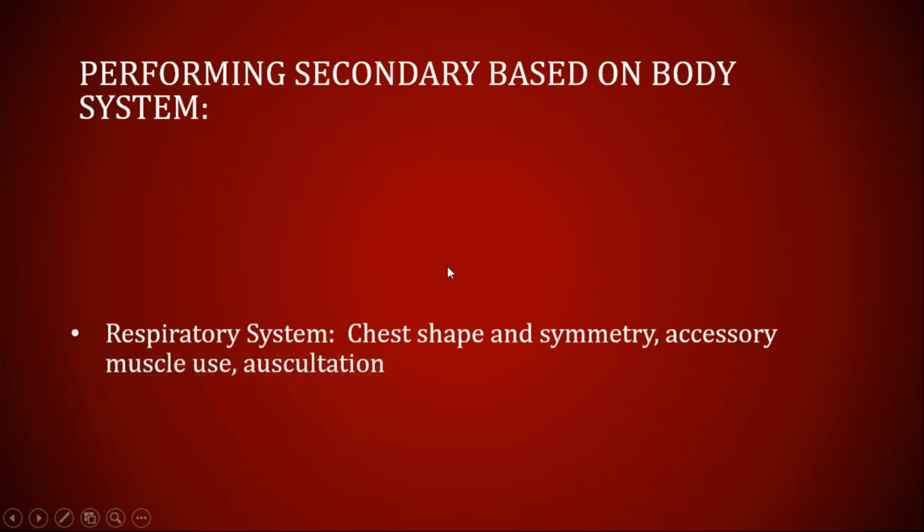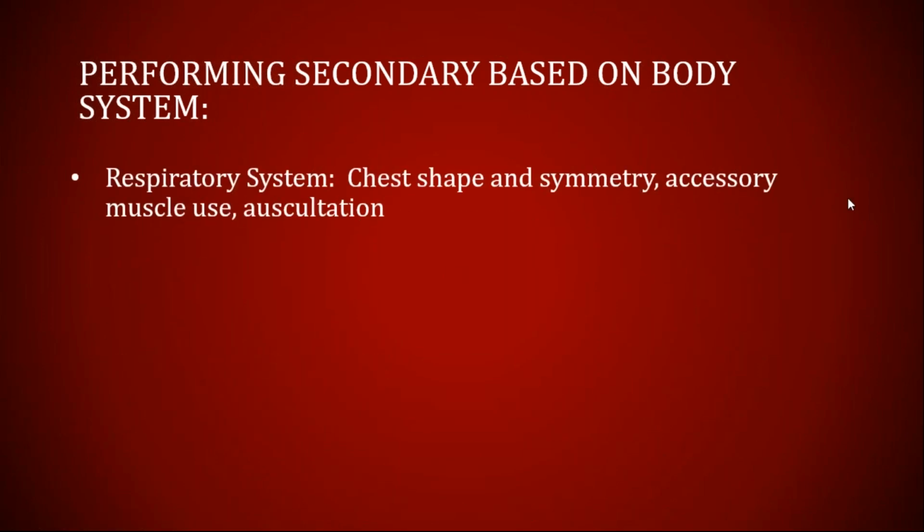Now, if the patient has one chief complaint or an isolated injury or system, I can dive into the specific body system that's affected. So if the patient has complaints of difficulty breathing, I'm going to go ahead and assess that respiratory system, looking for chest shape, symmetry, any accessory muscle use.